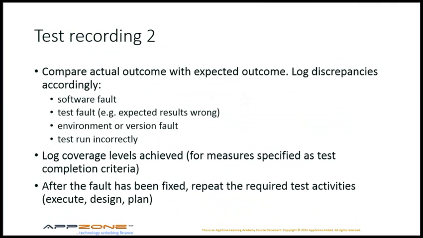In test recording also, we compare actual outcome with expected outcome. As I've said earlier, where there are discrepancies, you log them. This is where faults are found, if there are discrepancies between the actual outcome and the expected result.